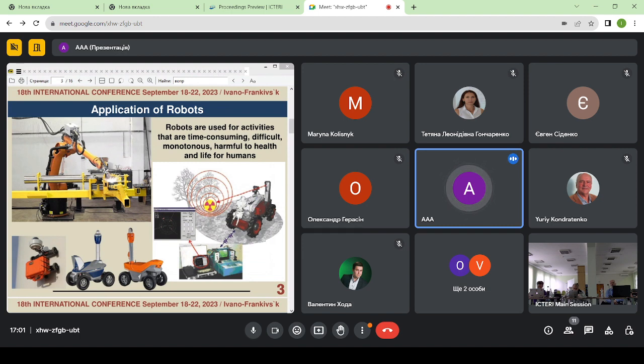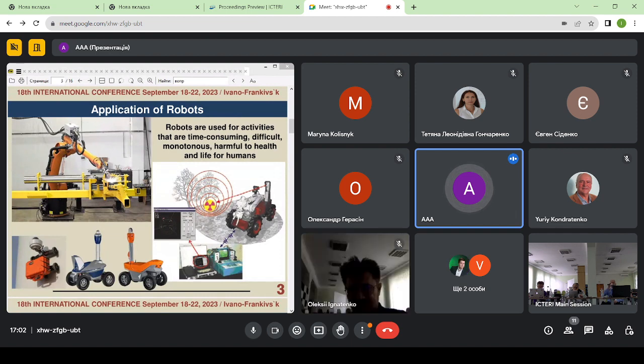Robots are able to replace people during emergency rescue operations after man-made disasters, in the nuclear power industry, in the chemical, oil and gas, and mining industries, and in operations to combat terrorism.